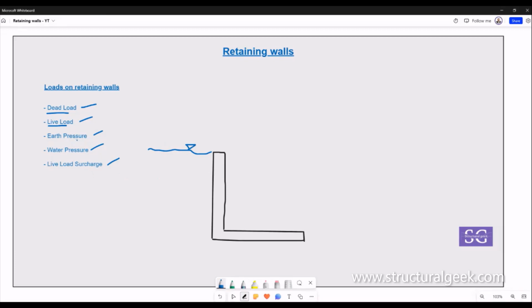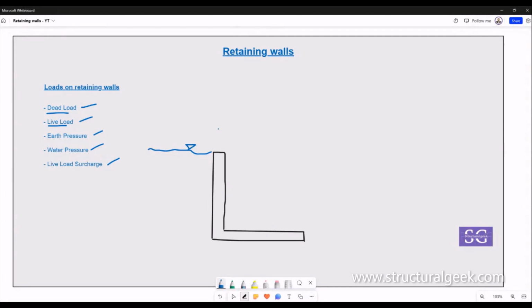Now we can take each of these forces and see how each of these things actually affects the retaining wall, and then we will see for each type of retaining wall how they sustain that load and get stabilized. So dead load is actually favorable when it comes to the retaining wall, because it is stabilizing the structure.